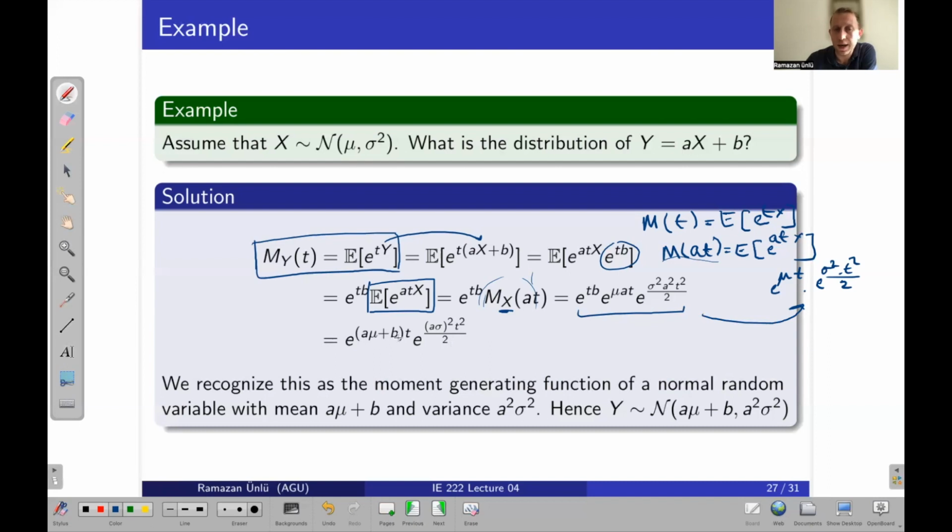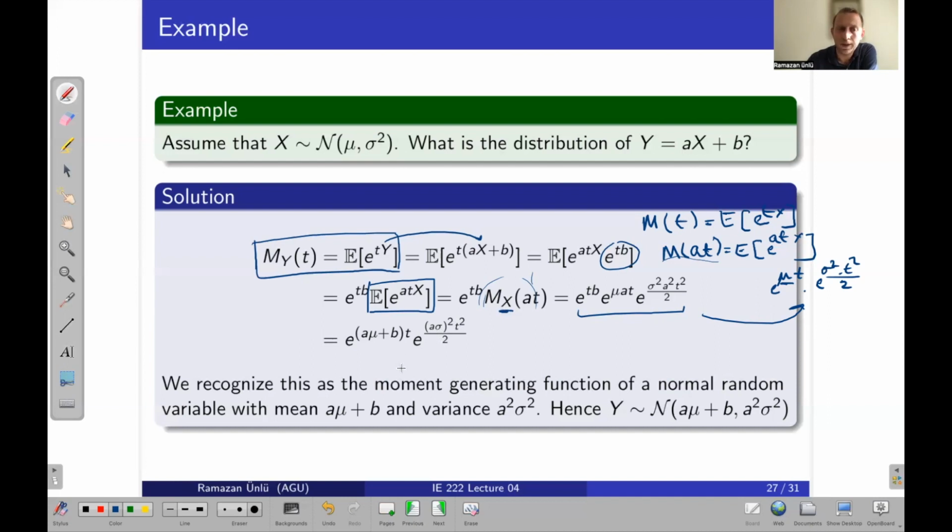I rewrite this on purpose because it has the same pattern as this one with different parameters. How? Instead of mu, I have a times mu plus b, and instead of sigma, I have a times sigma.